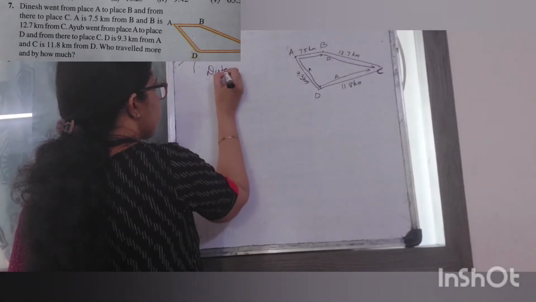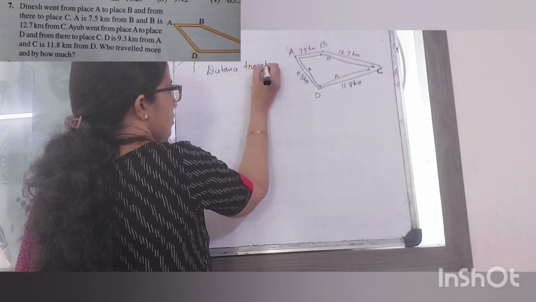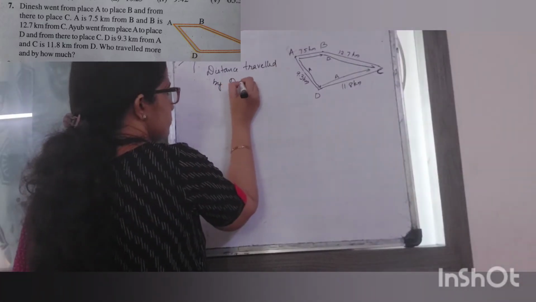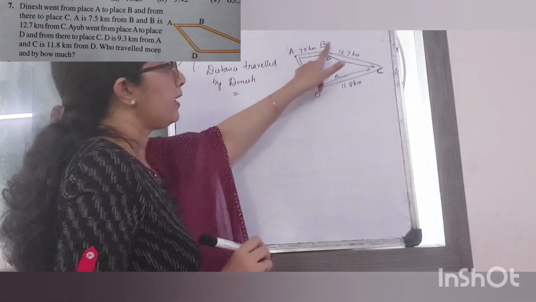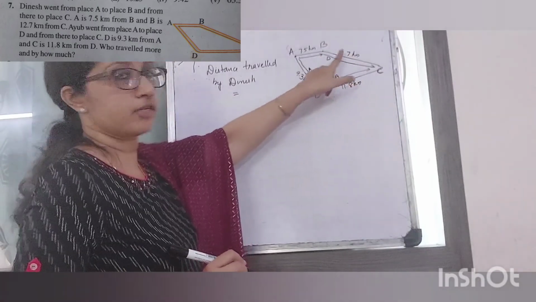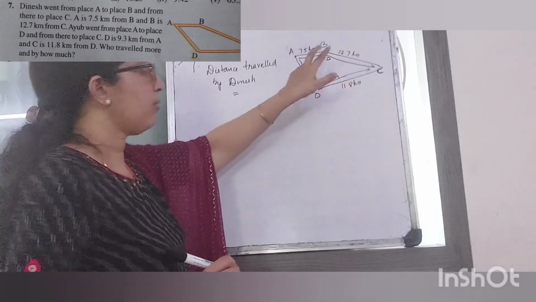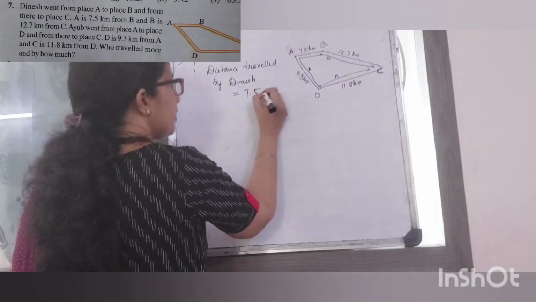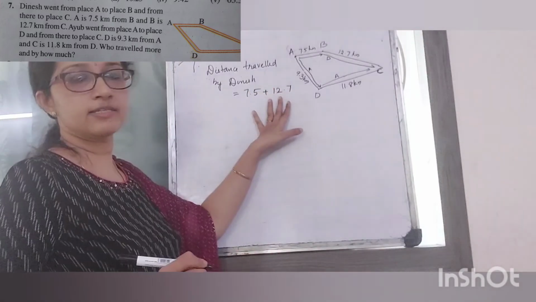It is A to B 7.5 kilometer and B to C 12.7 kilometer. If we add these two, we will get the distance traveled by Dinesh. So 7.5 plus 12.7.